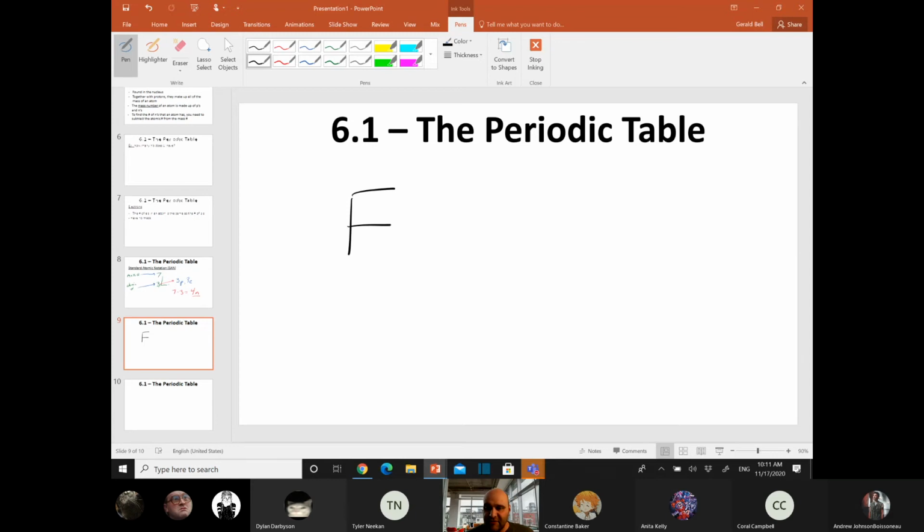Has anybody found it? Is anyone still awake out there? Anybody? Type it in the comments. It's on the right-hand side of the periodic table, kind of near the top.